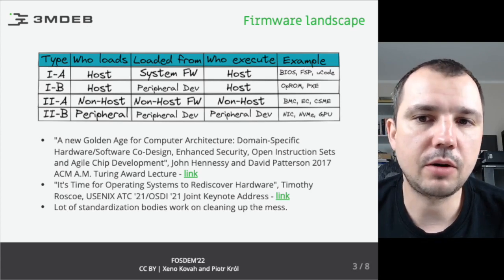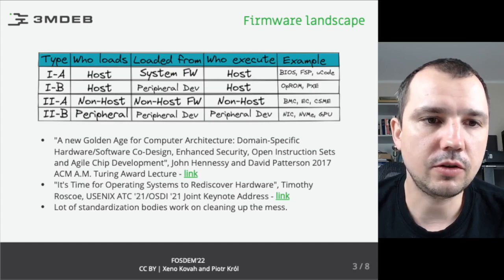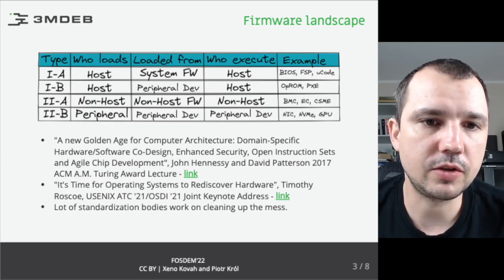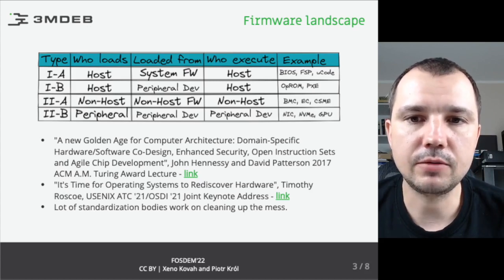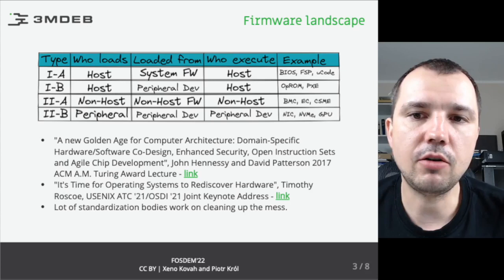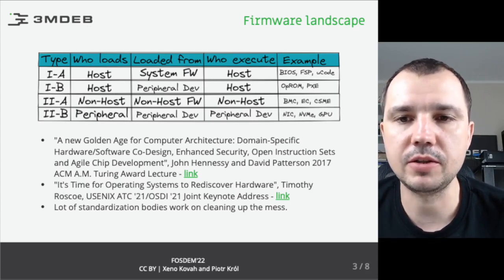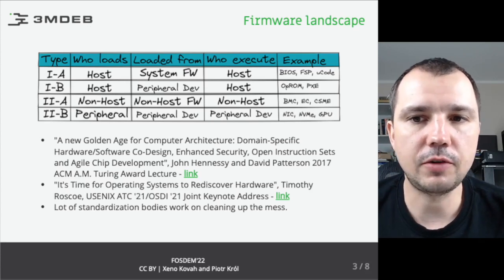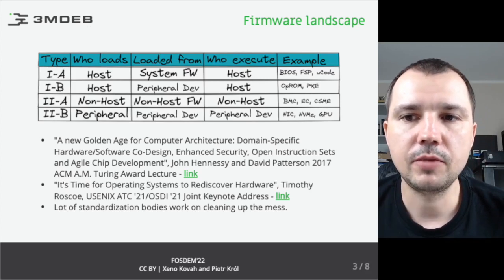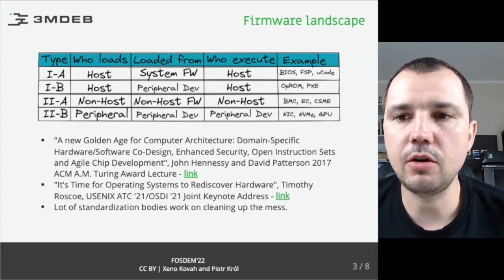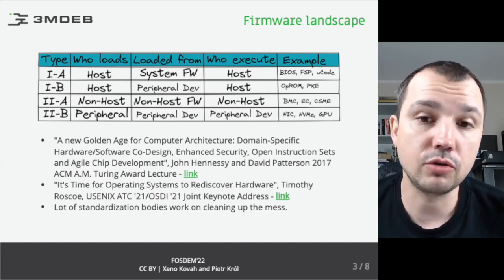The second lecture is about the lack of OS research and OS innovation. It is called "It's Time for Operating Systems to Rediscover Hardware." It's a very good lecture explaining why, to some extent, the lack of innovation in operating systems, or research around operating systems, leads to the creation of additional peripheral components and peripheral microcontrollers, which just try to handle whatever the operating system cannot, doesn't want to, or some people even say should not handle.